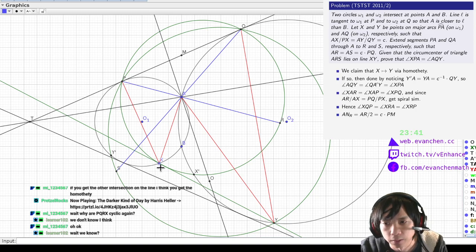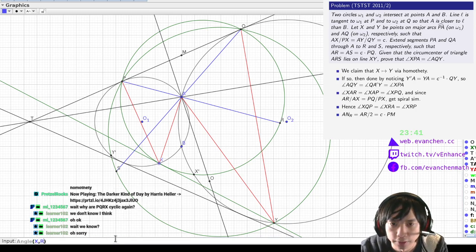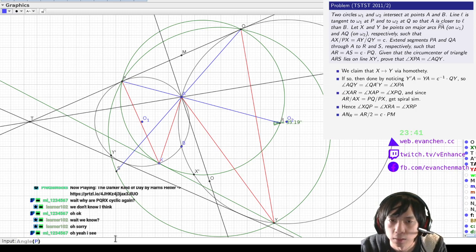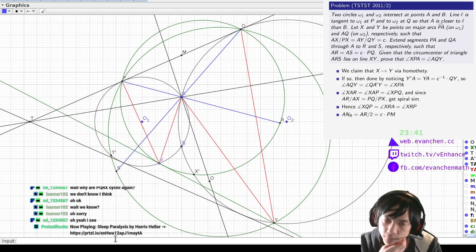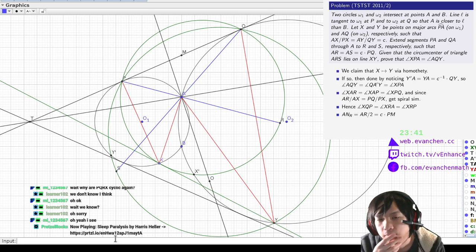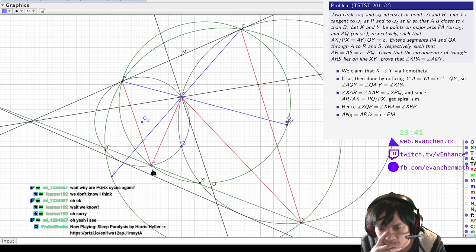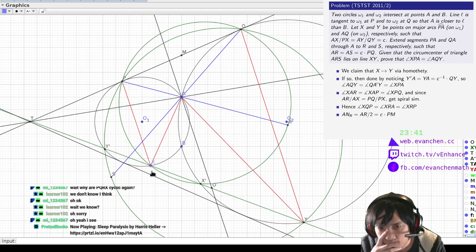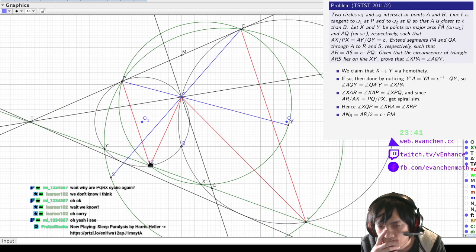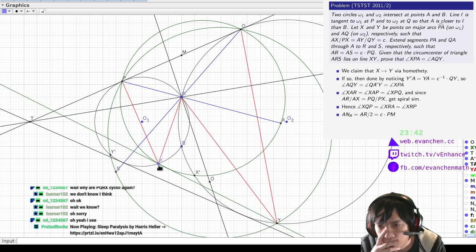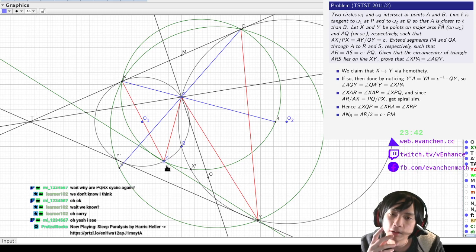The reason is that angle XRP, yeah, that angle is equal to that angle. That cyclic quad is actually unconditional.